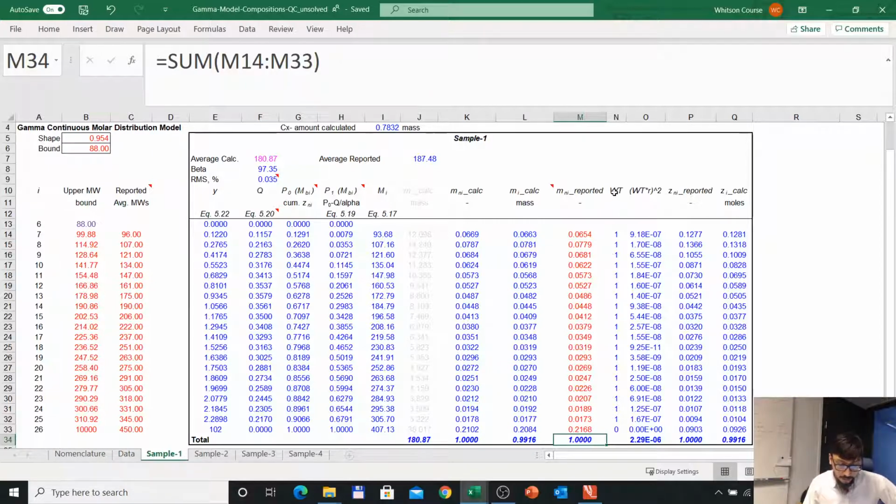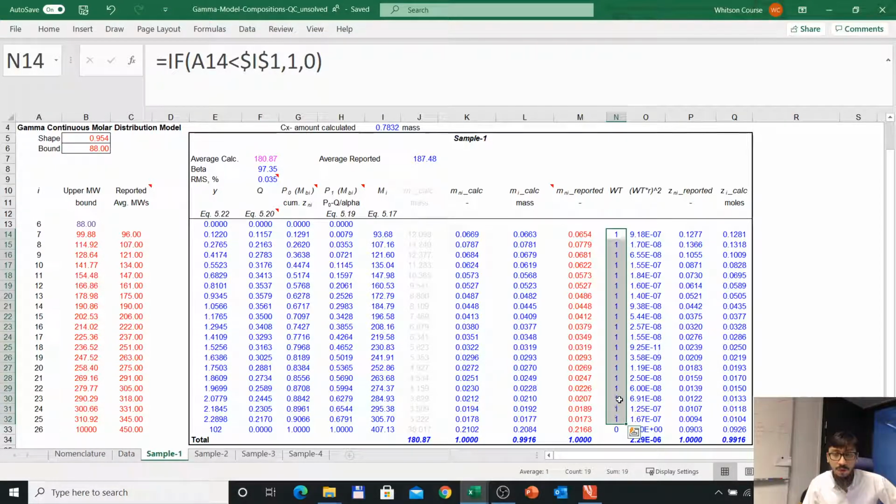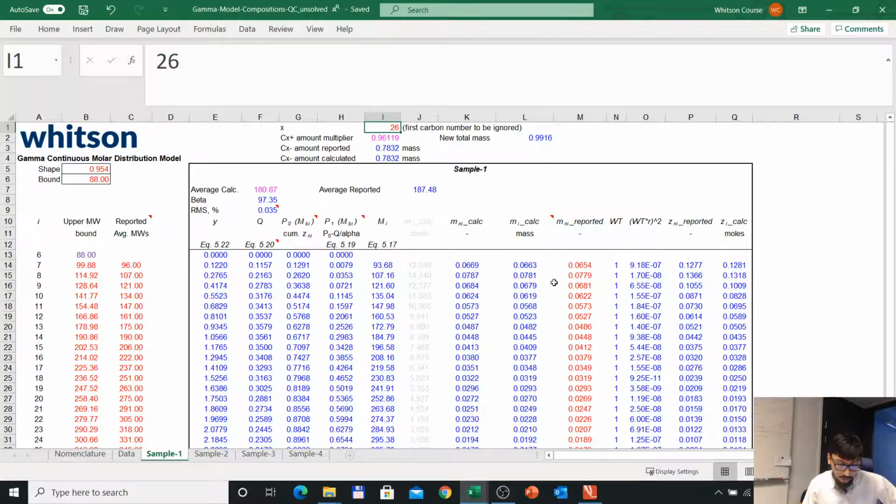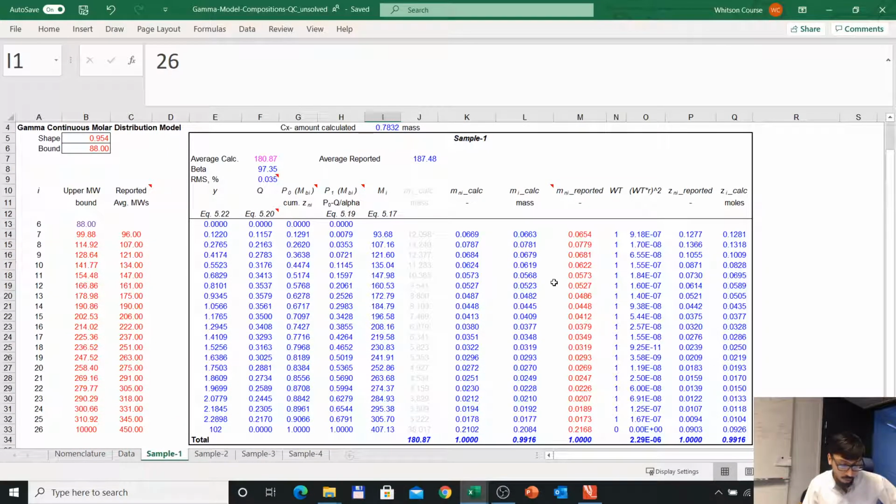And then this is just the weight factors for each component, like which component we believe is accurately measured, or which amount we believe is accurately measured during the gas chromatography. Okay, so again, this is linked to what X you choose here, and we will come back to that in just a short time.